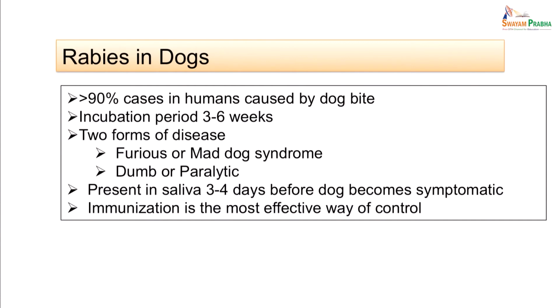The virus is present in the infected dog 3 to 4 days before the dog becomes symptomatic. Hence, whenever there is a case of dog bite, it is important to observe the animal for at least 10 days.